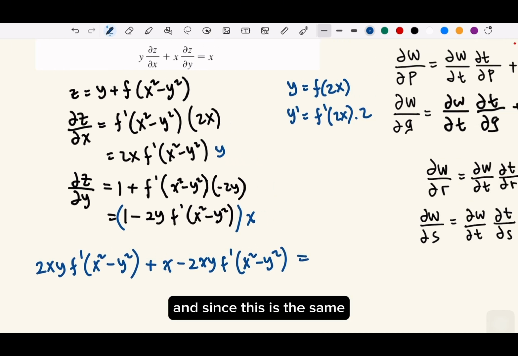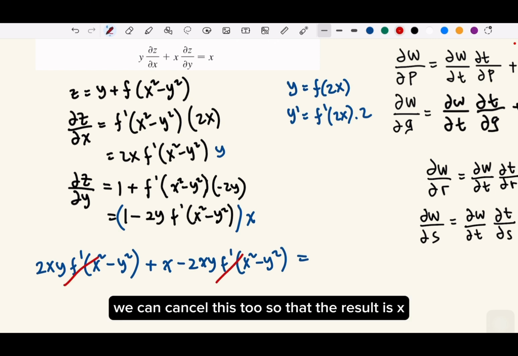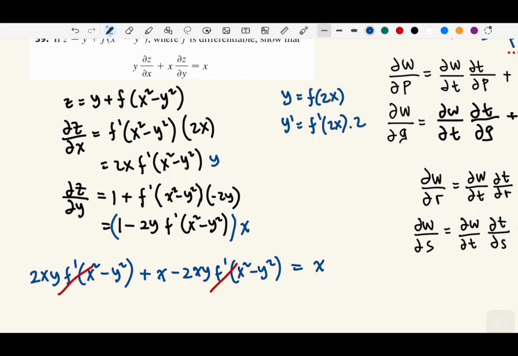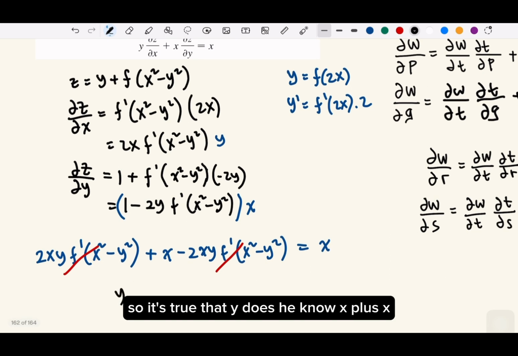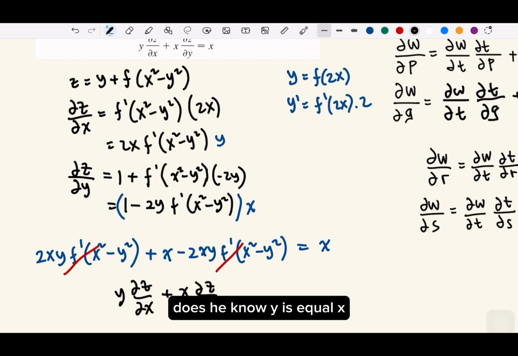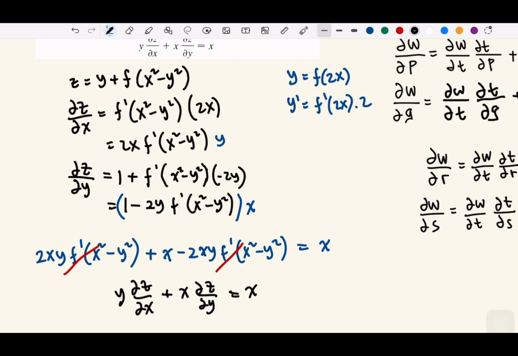And since this is the same, we can cancel this too, so that the result is x. So it's true that y partial z partial x plus x partial z partial y is equal to x. So true.